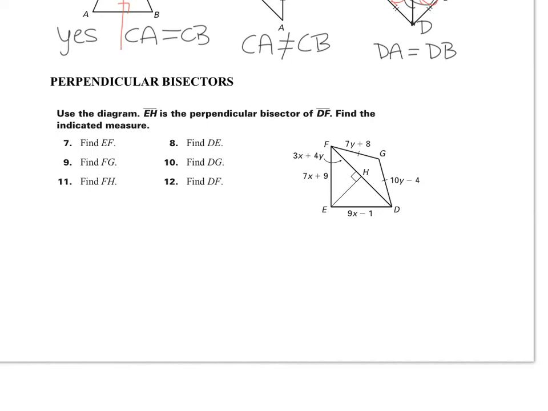Using this diagram, we're going to find the values of x and y and find lengths.